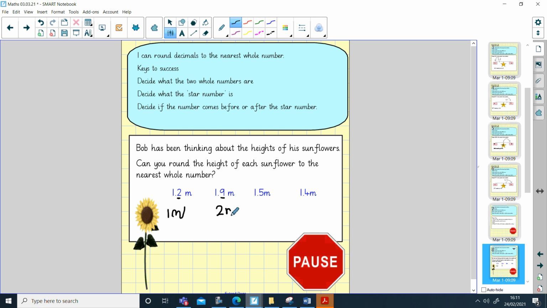Then I've got 1.5. And the rule tells me if it's a 5, it also rounds up. So 5/10 would round up to 2 metres. And then the final one is 1.4. And I know that if the number has 4/10, it rounds down. So it's going to go down to 1.